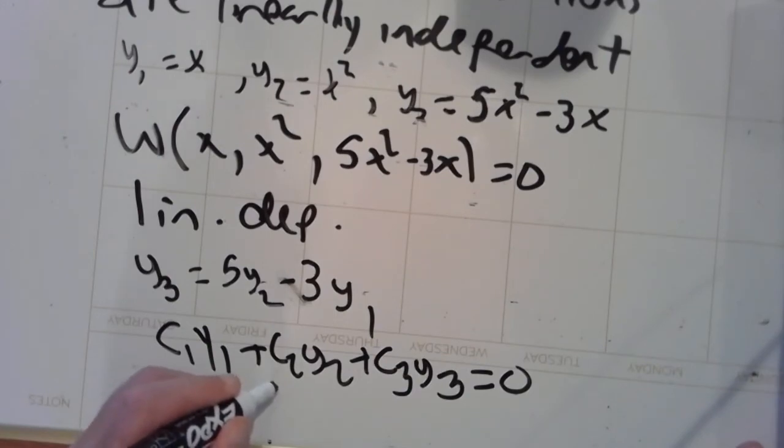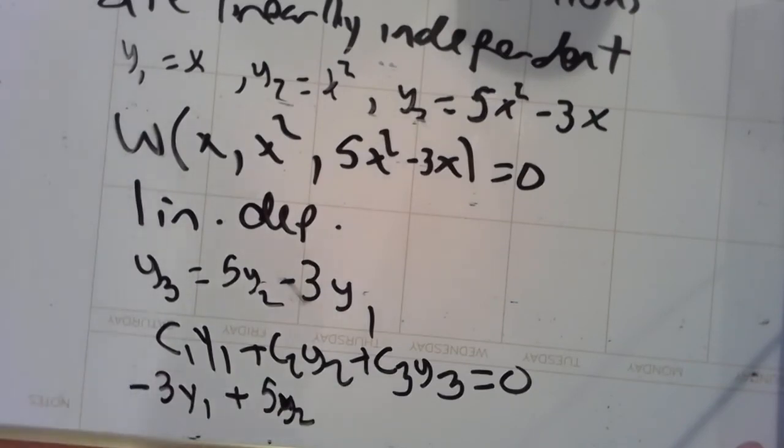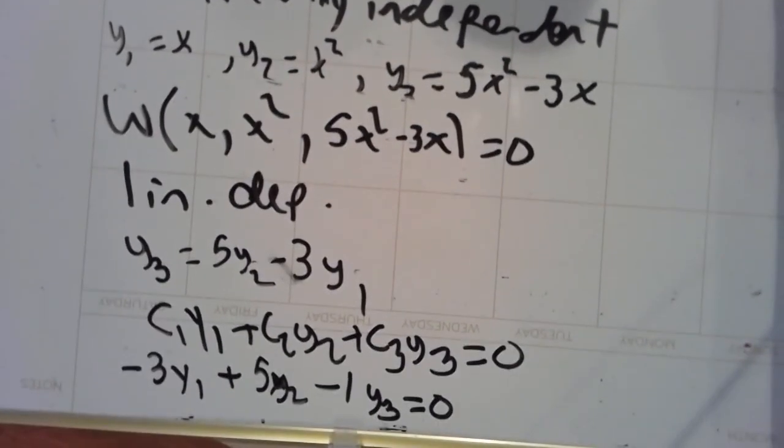What do we want? Plus 5 y2s. Negative 3 y1s plus 5 y2s minus 1 y3 must equal 0. So I found my C1, my C2, and C3 without making all three of those just 0. I have written these three as a linear combination equal to 0. So they are linearly dependent. So they do not form a fundamental set.